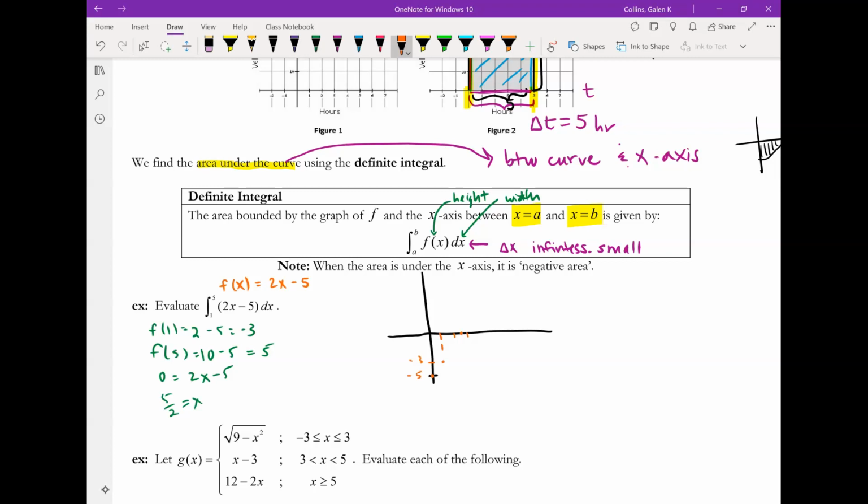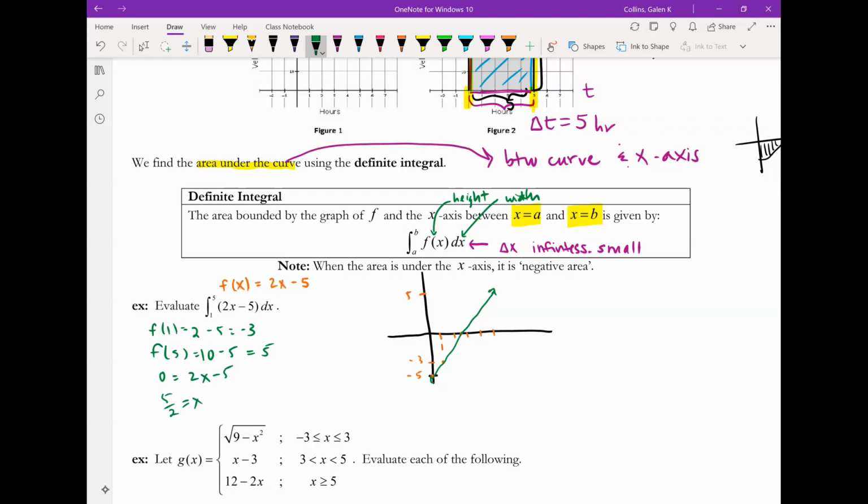And then when x equals 5, so 3, 4, 5, it's up at +5. All right, so it looks like a line. That's what our graph looks like.